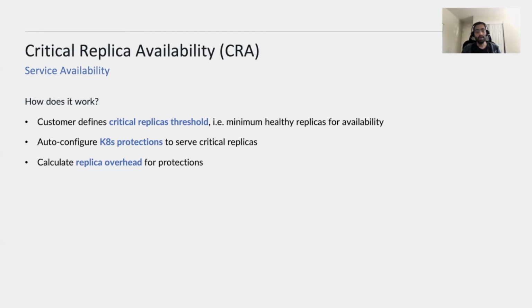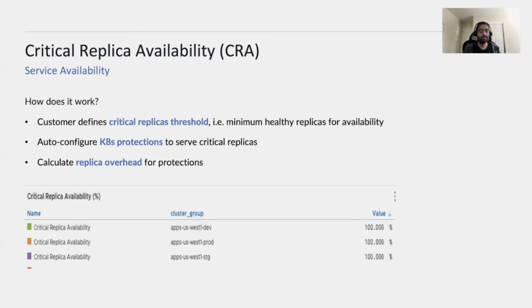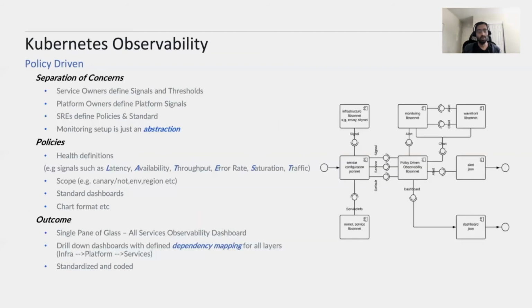Like we define the PDBs, readiness and liveness probes, the max surge for updates, and this gets calculated as the replica overhead for protections, which is a buffer of additional replicas that are needed for the service. As an example, we measure here the cluster group, which defines the Kubernetes clusters we have per region, and the critical replica availability percentage defines the SLA for that group of clusters.